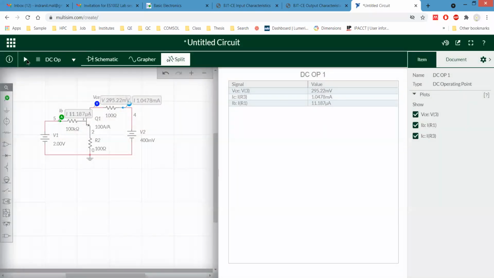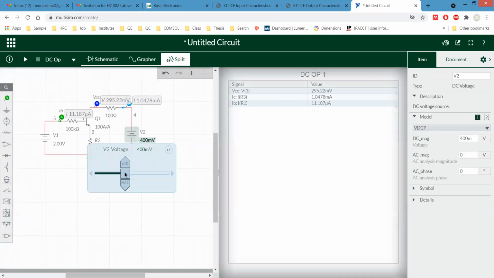So note down the first value: VC is 295 millivolt, or you can write it as 0.29 volt, and our current IC is 1 milliampere. Okay. Noted? Yes, sir. Please respond once, then it will be easier for us to communicate.